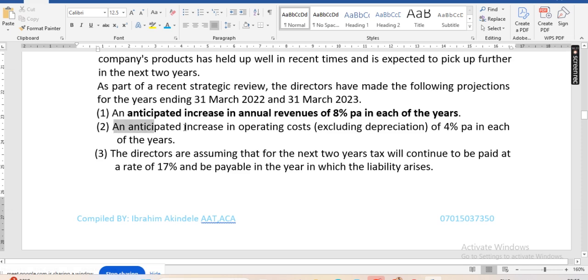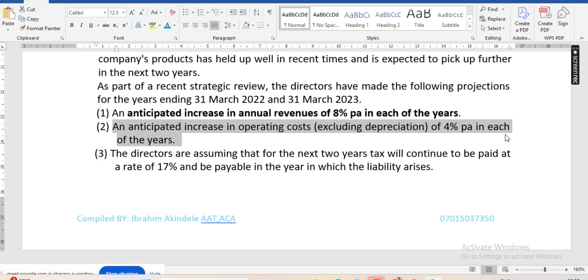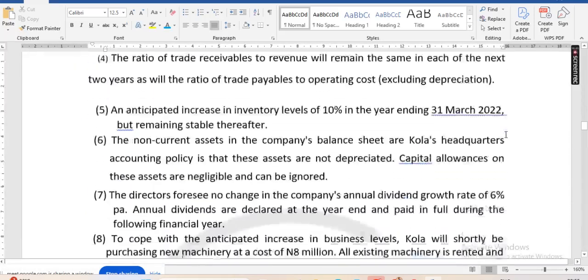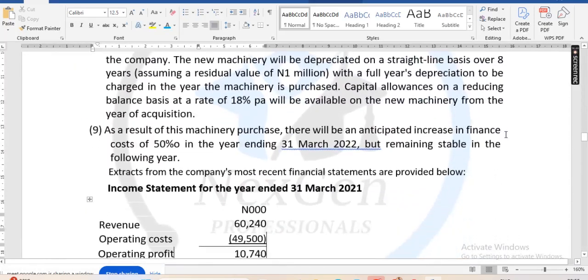An anticipated increase in operating costs, excluding depreciation, of 4% in each of the years. So which means that the operating cost will increase by 4% in each of the years, excluding depreciation. Now let's quickly go back. Excluding what?